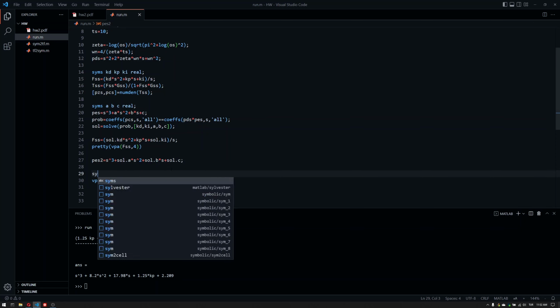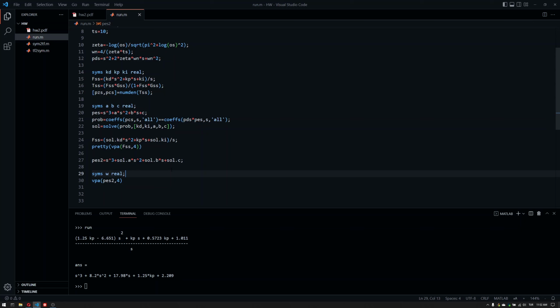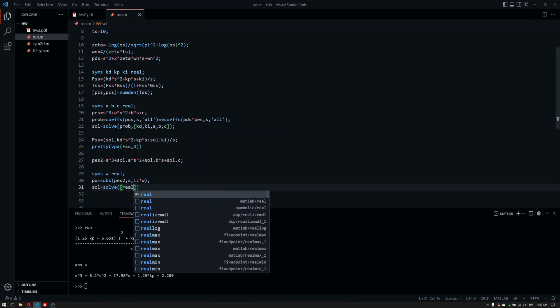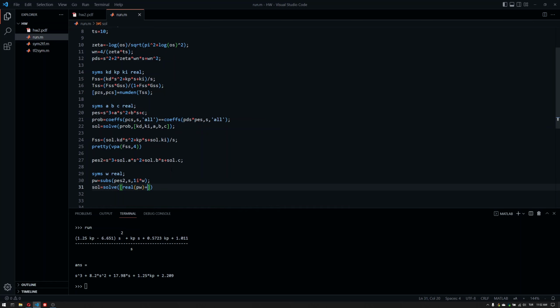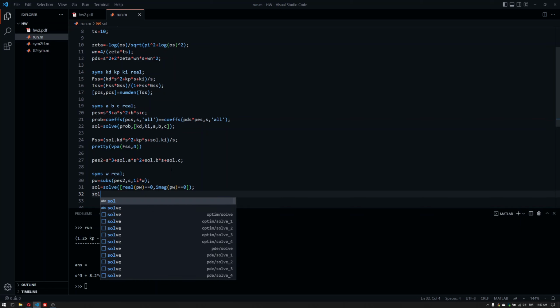Maybe we can go ahead and define omega, a real value here, and just substitute s with 1i times omega. Then we would solve for the real part of p omega to be 0, and also the imaginary part to be equal to 0. And that should give us another solution.